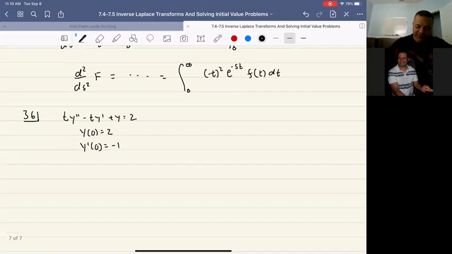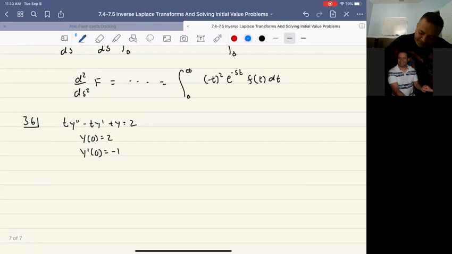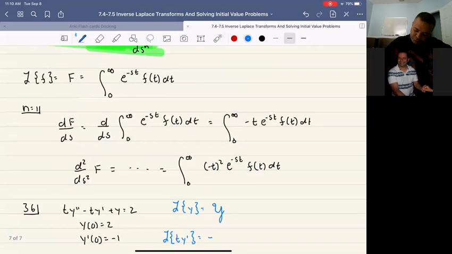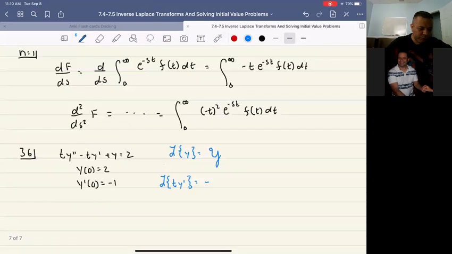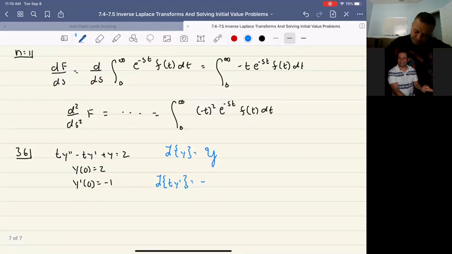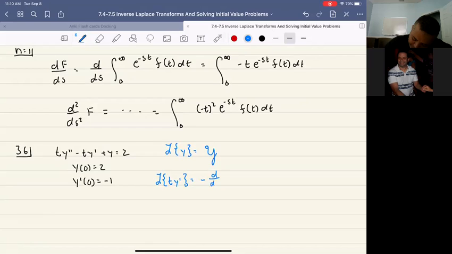Okay, so L of y is, of course, just, I'm going to write that as Y, like so. Now t y prime. The Laplace transform of that is going to be negative the derivative with respect to s of the Laplace transform of y prime.